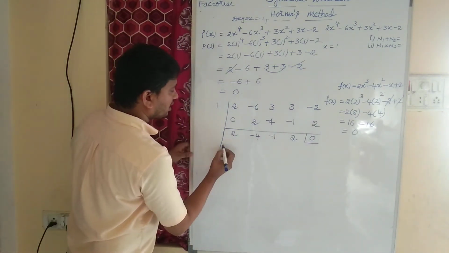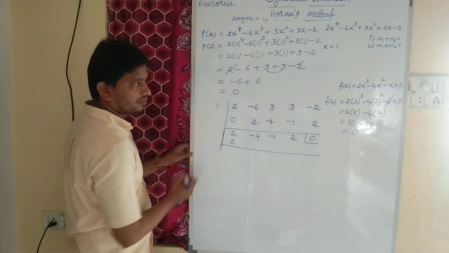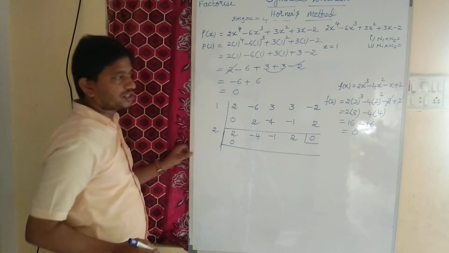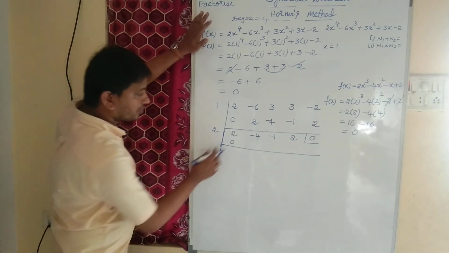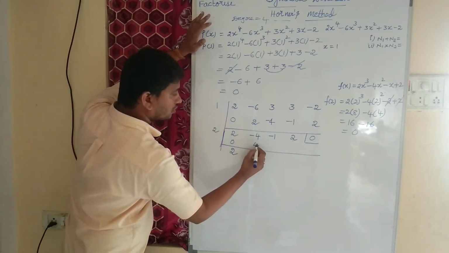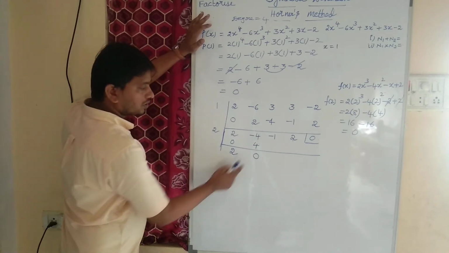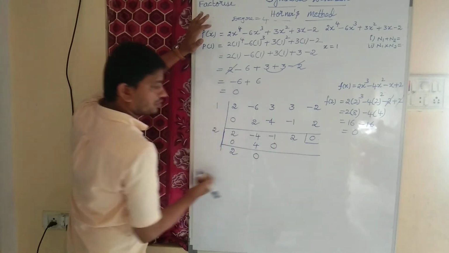Now again same way, put over 0, and when x is equal to 2, we got 0, right? 2 plus 0, 2, 2 into 2, 4. So minus 4 plus 4, answer is 0, 0 into 2, 0.